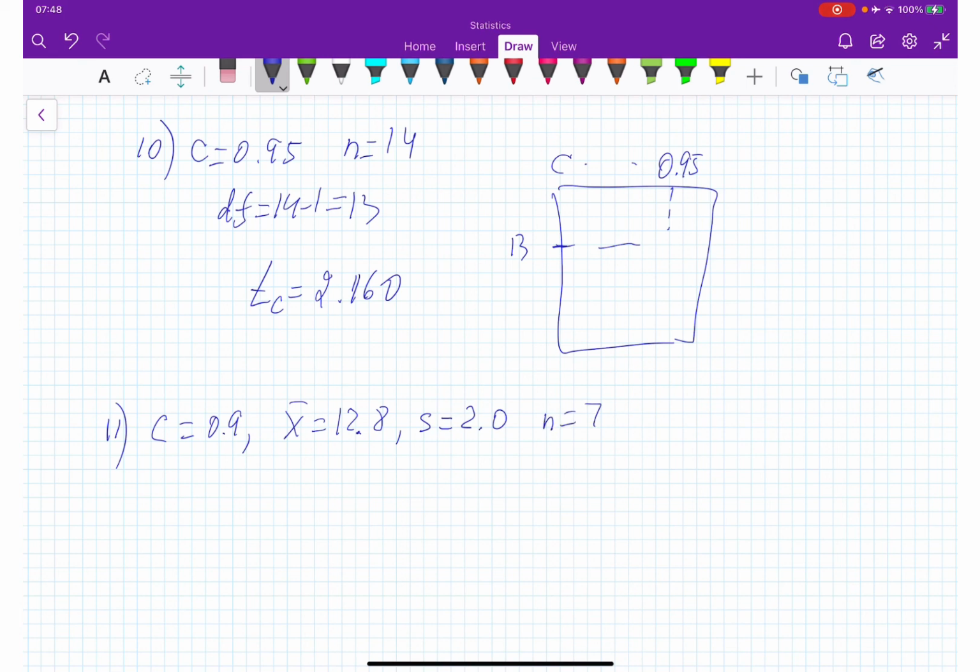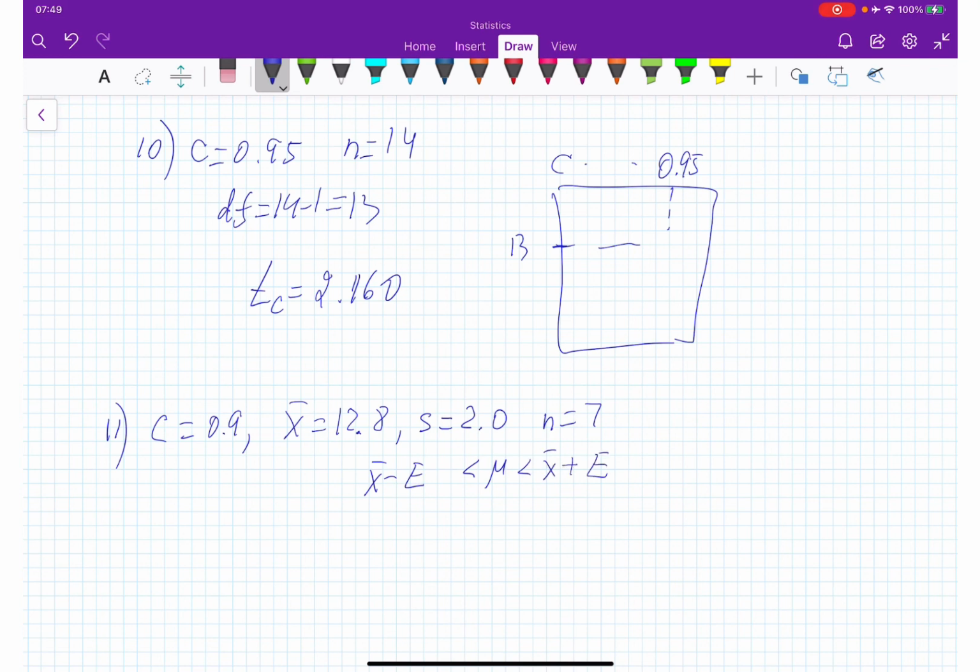Now, how we are going to work with it? First of all, we need to find the population mean using T distribution. So confidence interval of mean using the T distribution is going to be greater than X bar minus error, less than x bar plus error.